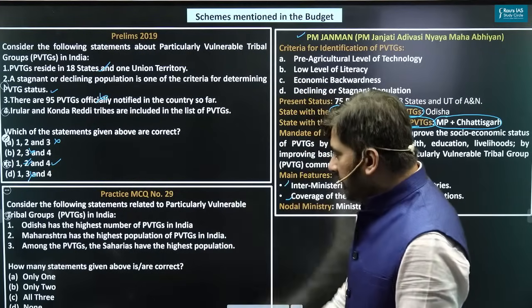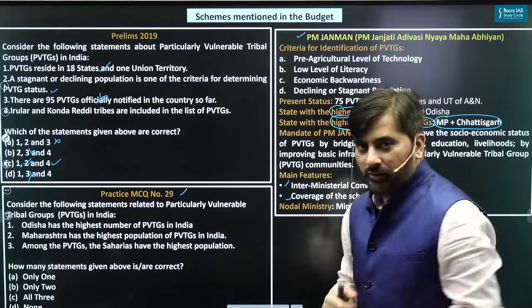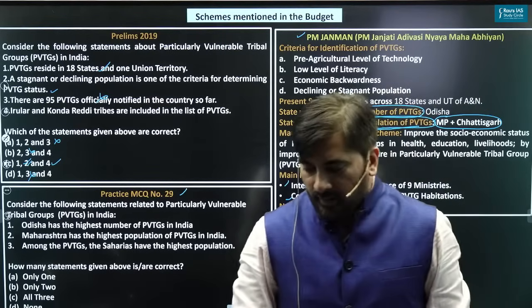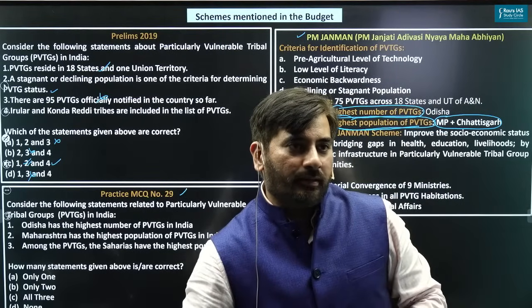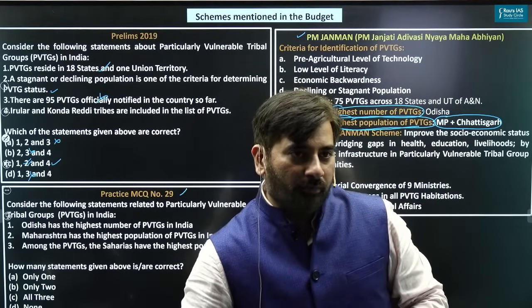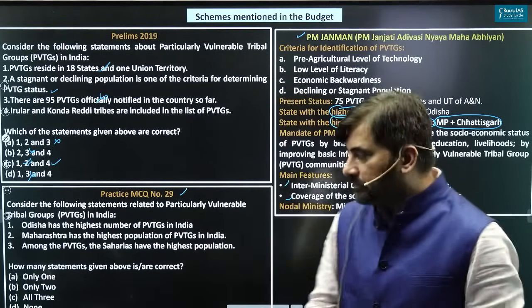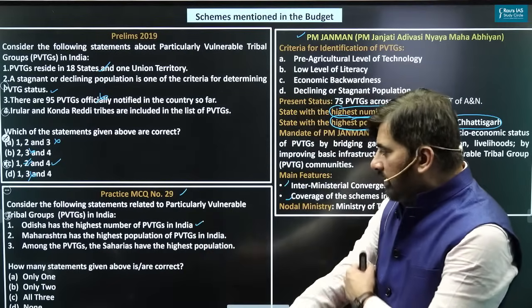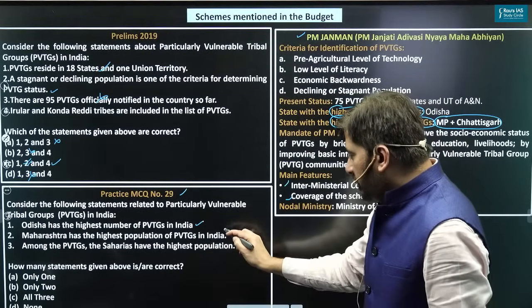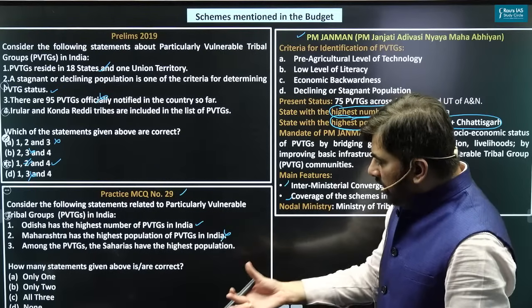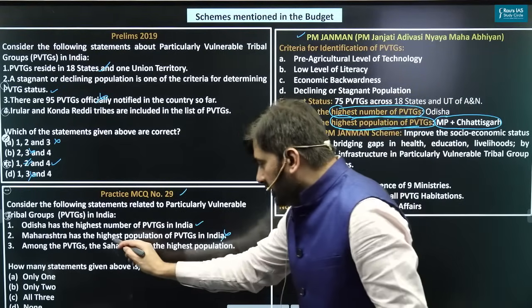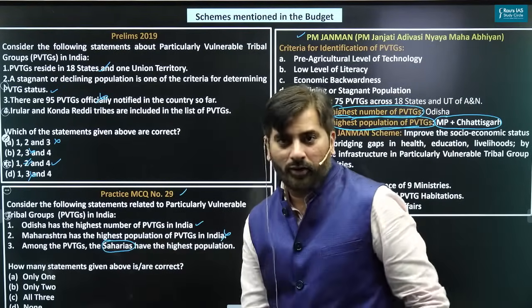Based upon that, please have a look at the practice MCQ number 29. Odisha has the highest number of PVTGs in India, which as we discussed is correct. Maharashtra has the highest population of PVTGs, incorrect. Among the PVTGs, Saharias have the highest population.